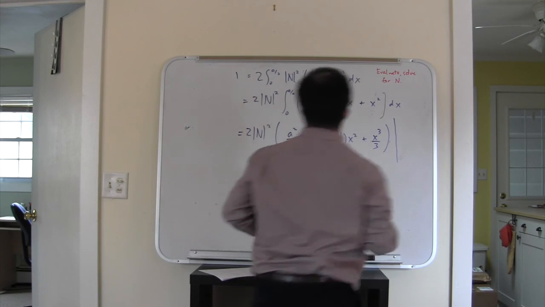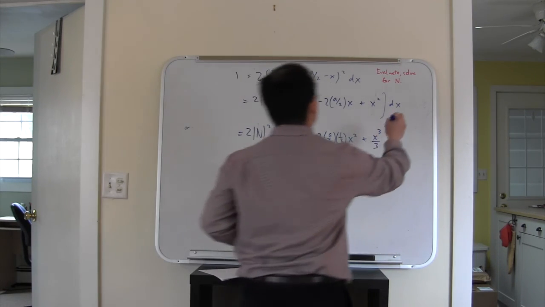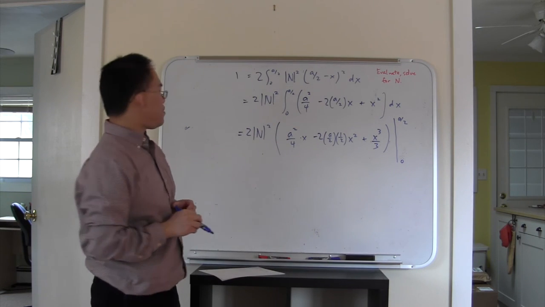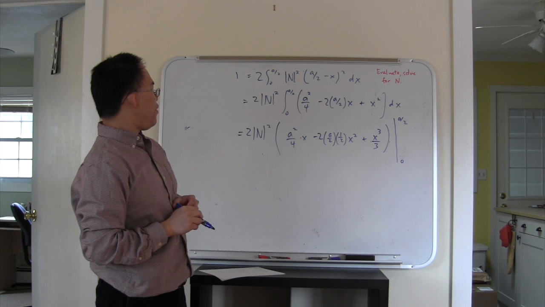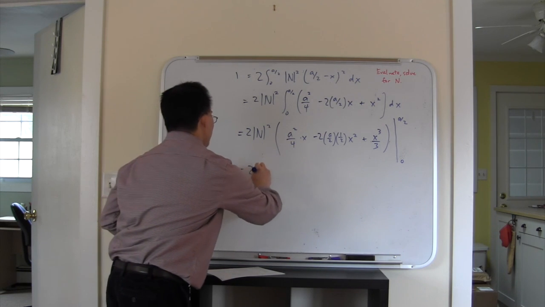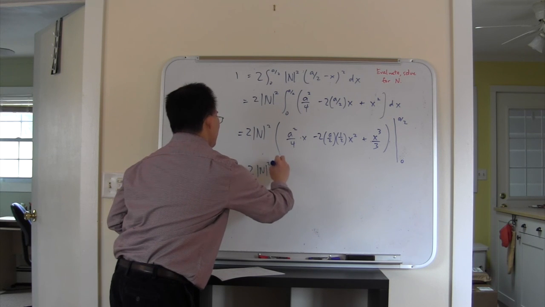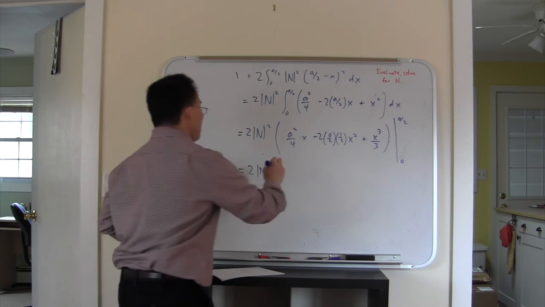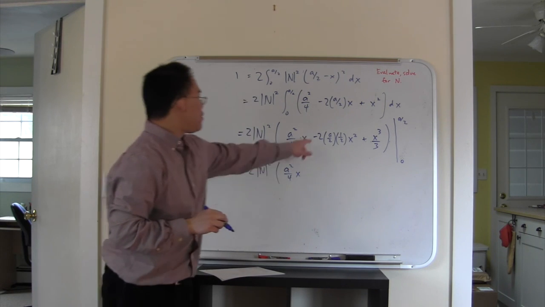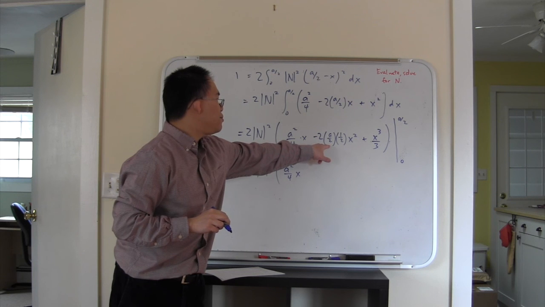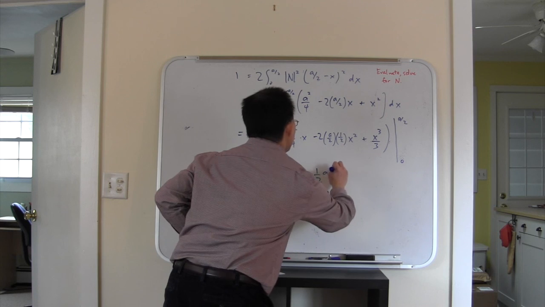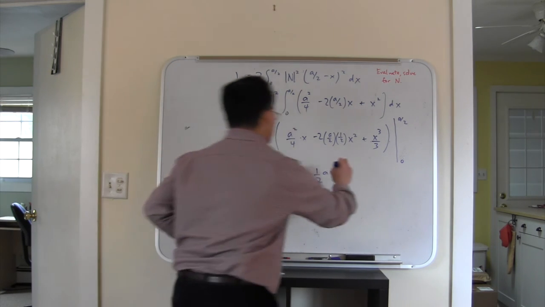So if I put the evaluation bar and our limits of integration were a over 2 and 0, we can simplify this a wee bit. So we have a 2 modulus squared of n, we have a squared over 4 x, we have those two factors of 2 cancel, so we have minus 1/2 a x squared plus x cubed over 3.